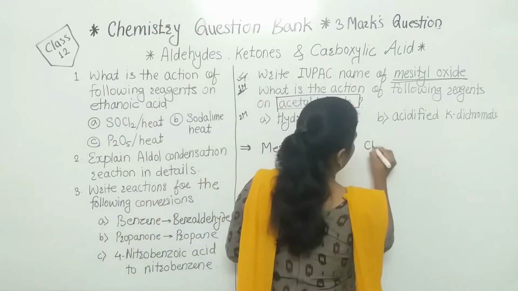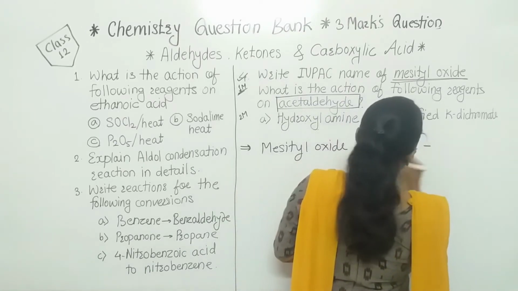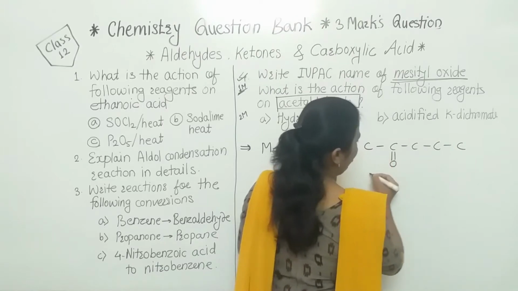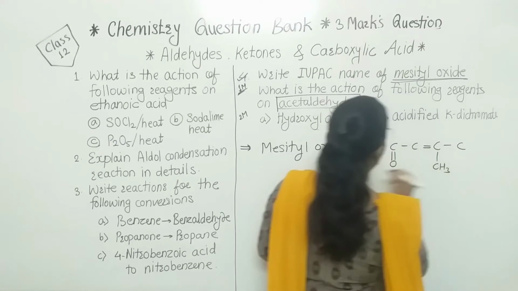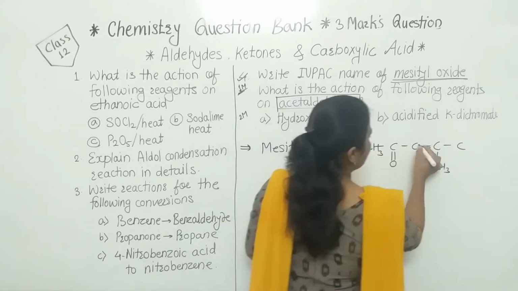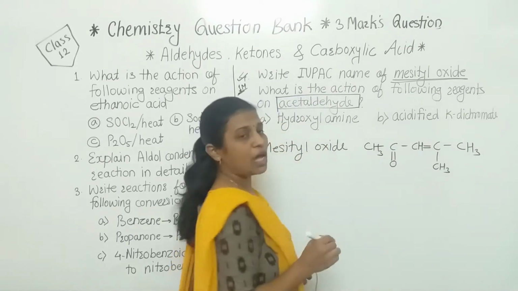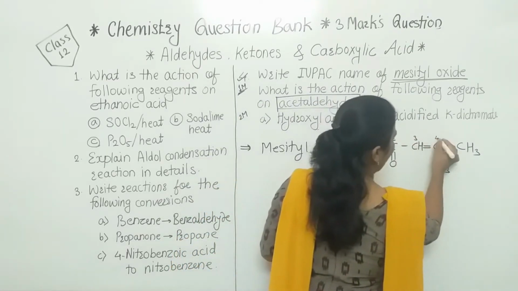because from that structure we can write its IUPAC name easily. Its structure is a 5 carbon containing chain. So 1, 2, 3, 4, 5. In that second carbon double bond O, third carbon double bond, and here CH3 will be attached. So this is the structure of this mesityl oxide. If we consider its IUPAC name, carbonyl group is there, means 1, 2, 3, 4, 5.